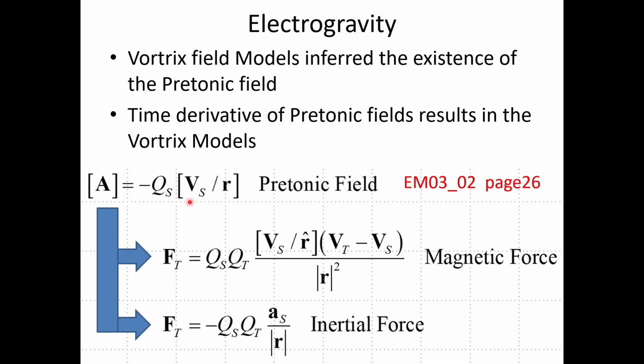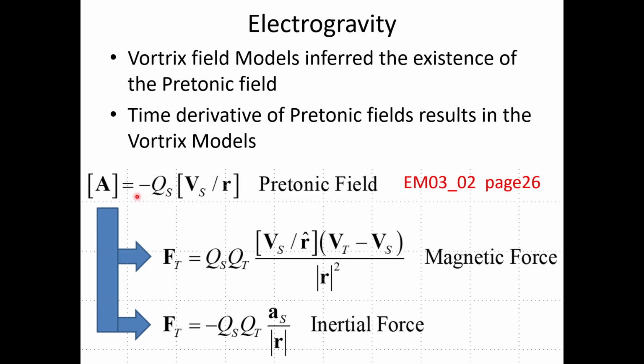Okay, but what happened was the vortex models inferred, I mean, you could look at them and say, oh my God, there is something below all of this. And from that, we're able to infer what's called the pretonic field, a very primordial field, and that's in the video EM302 on page 26.